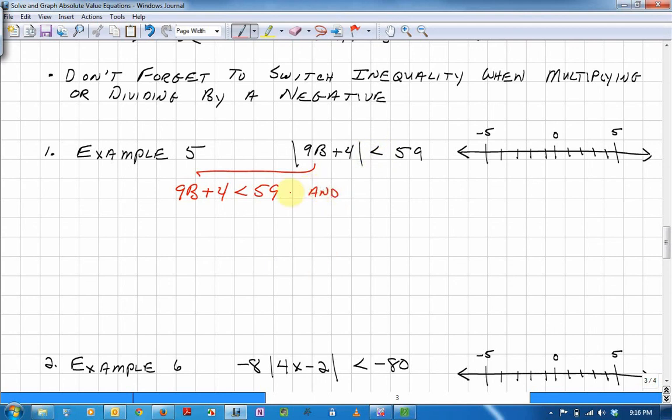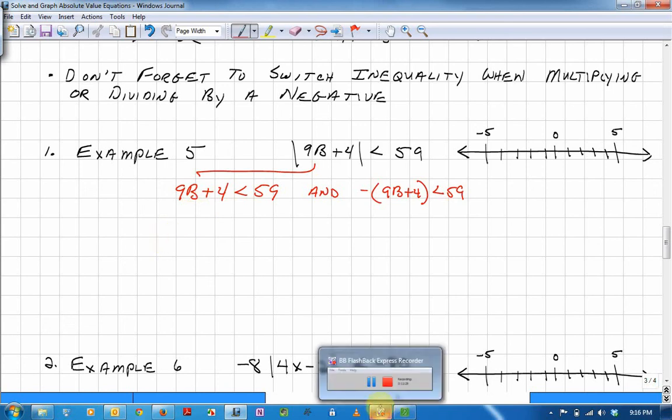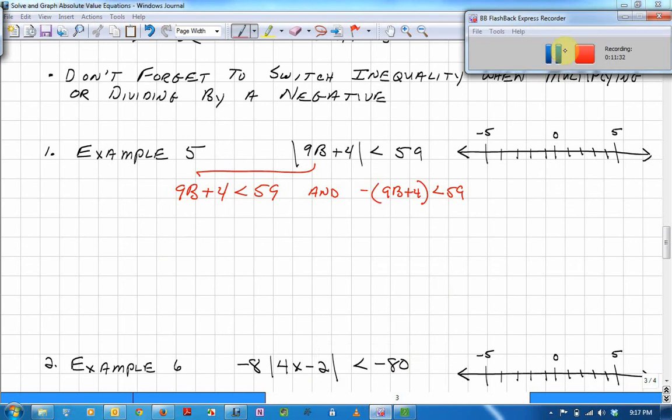And for the other side, remember, whatever's in the absolute value can be negative and also create this 59. So I'm going to say the negative of 9b plus 4 is less than 59. So let's go ahead and work on both sides. For the left side, I'm going to subtract 4.